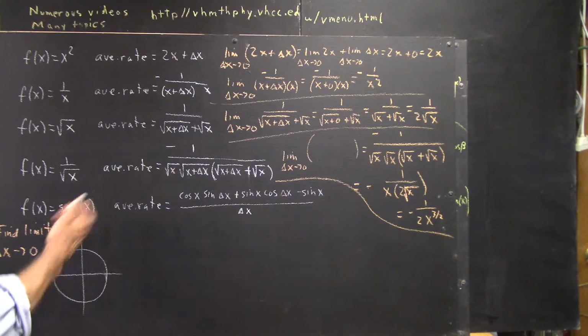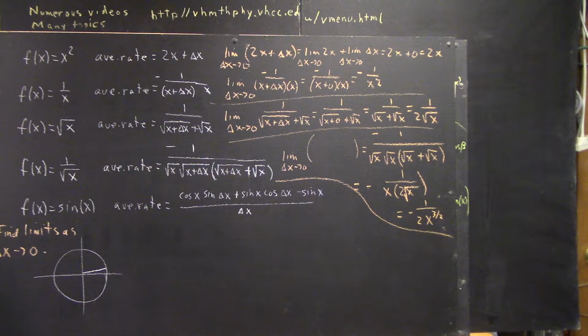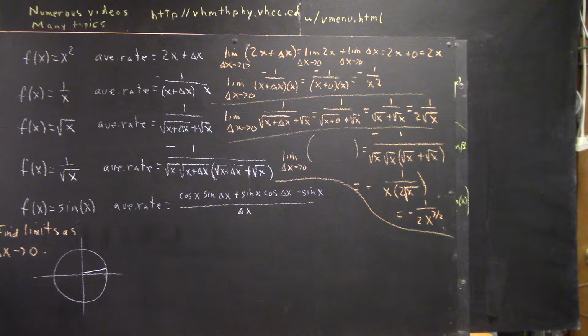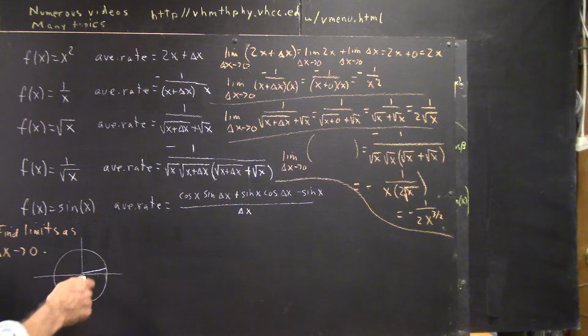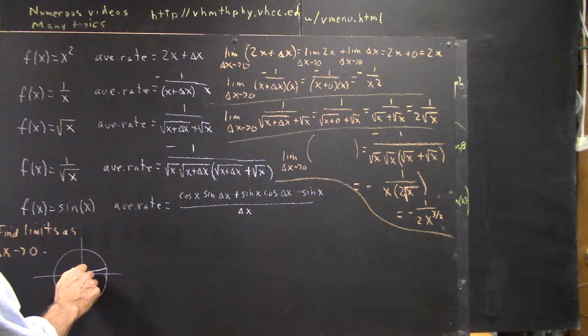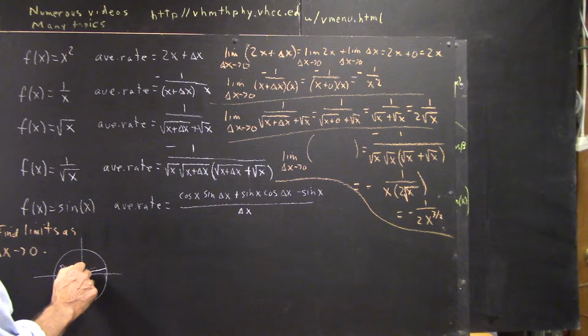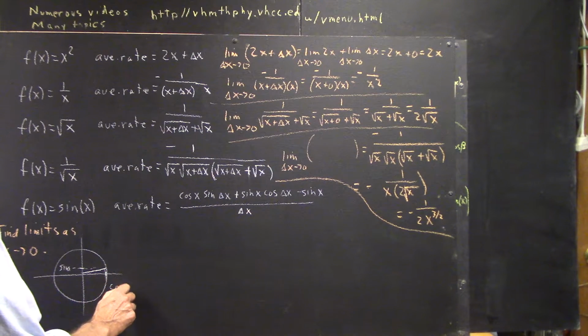Okay, your circular definition of the sine and cosine functions. If you have a small delta x being this angle, and that angle is in radians, then the sine is just this coordinate. The cosine is this coordinate.